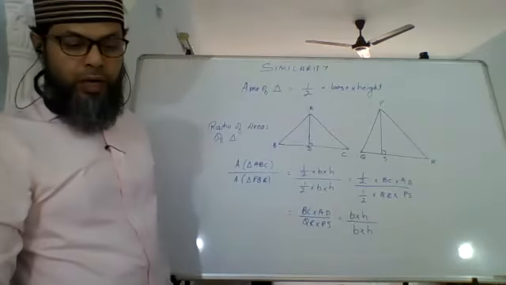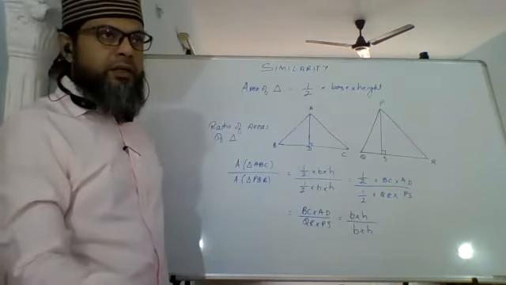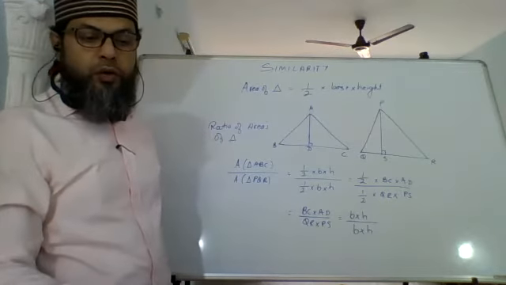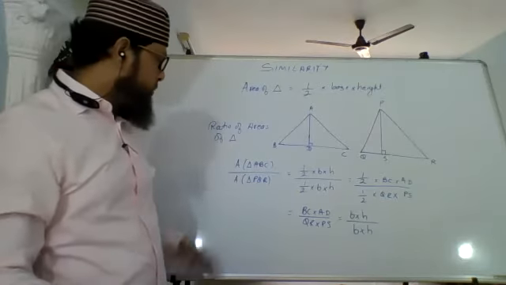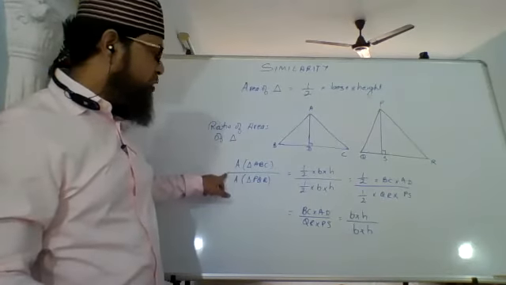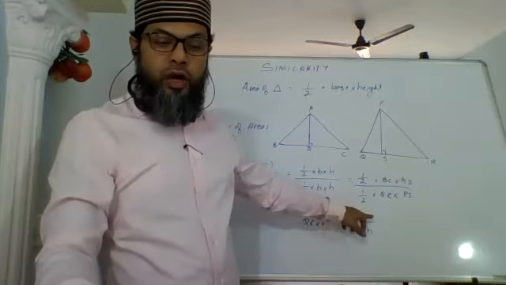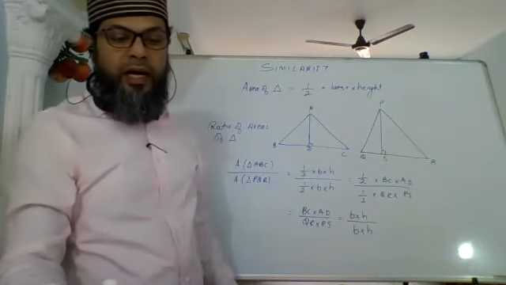The halves will not matter. So the ratio of areas of two triangles is equal to the ratio of the products of their bases and corresponding heights.